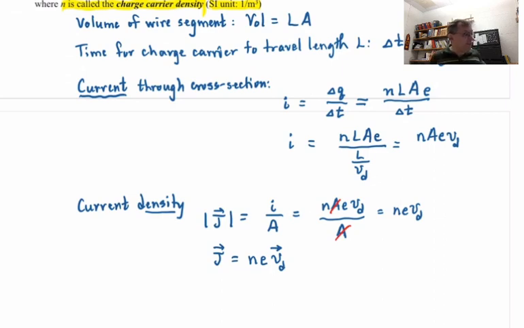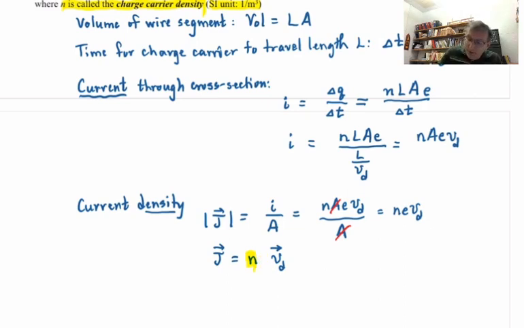And so that is a handy little formula for the current density in a conductor, and it depends on several properties of the conductor. Its charge carrier density, the charge that each carrier has.